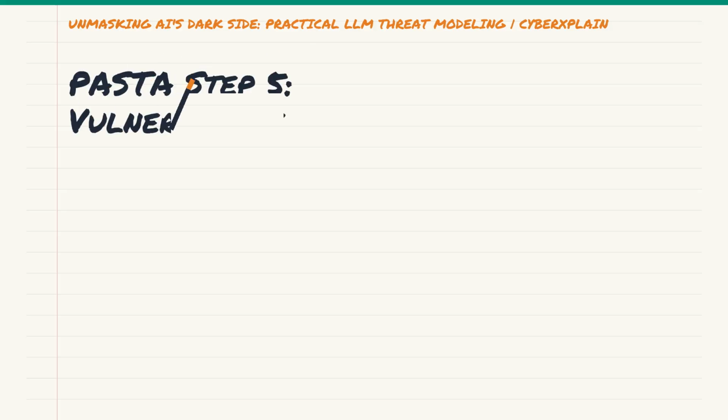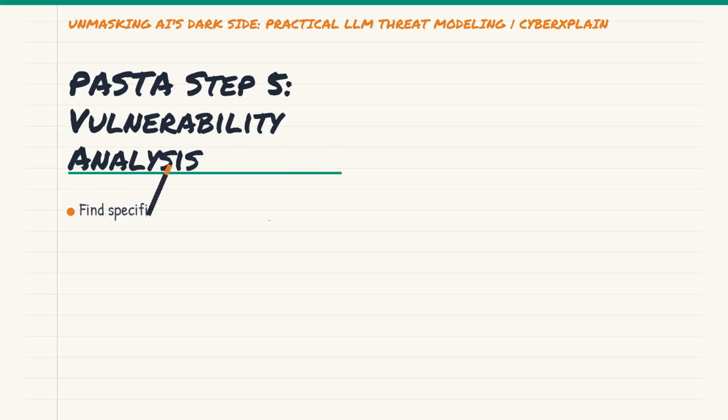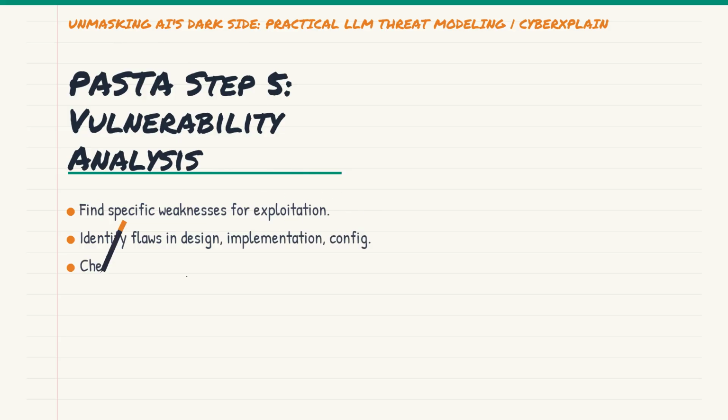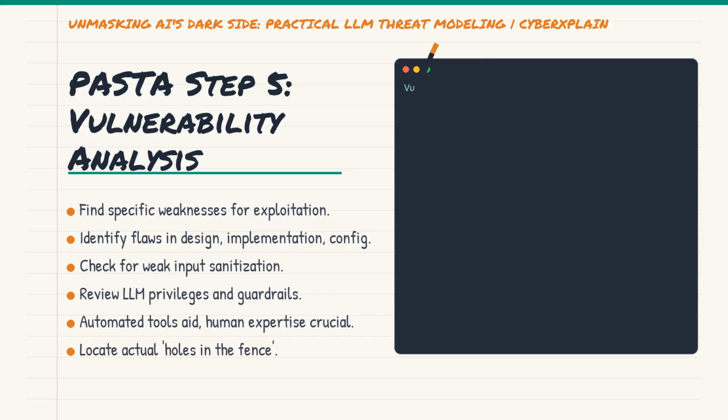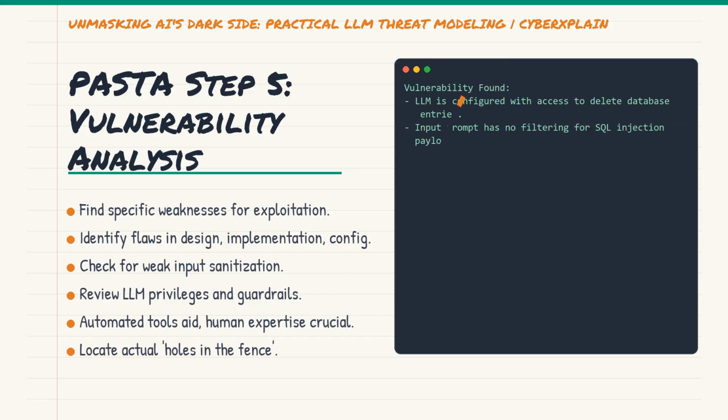Now that we have a list of potential threats, PASTA's fifth step, vulnerability analysis, focuses on finding specific weaknesses in your LLM application that an attacker could exploit to realize those threats. This is where you identify actual flaws in your design, implementation, or configuration. Are there weak input sanitization routines?